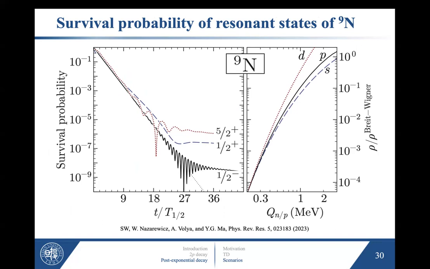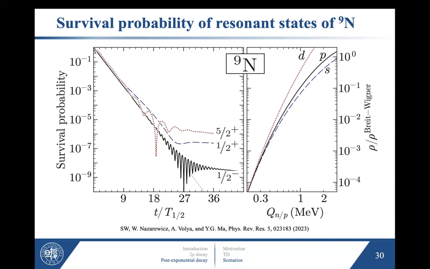Is that something in theory, or is that expected in experiment? You mean these oscillations? Yes, this is a theory calculation. Basically, it's two kinds of modes interfering with each other, and this causes these oscillations. But experimentally, I don't know if there will be enough statistics to see this oscillation.